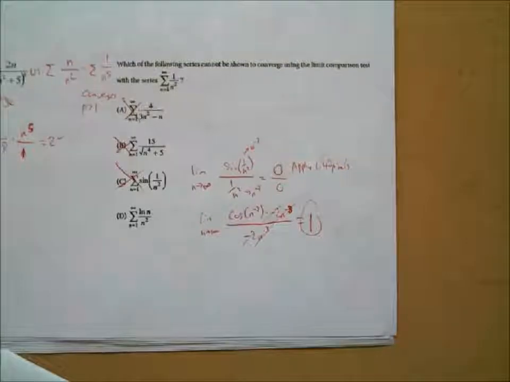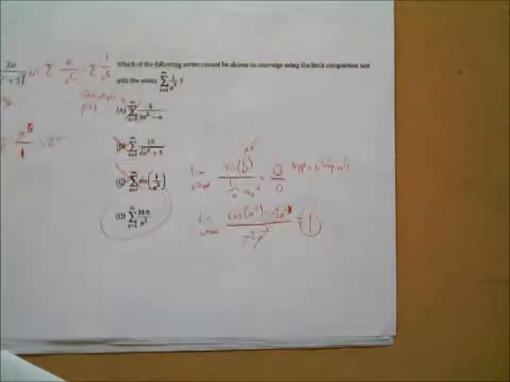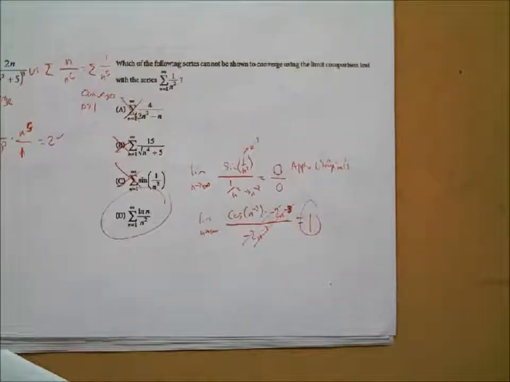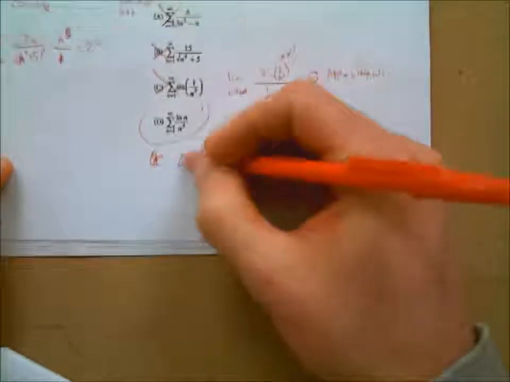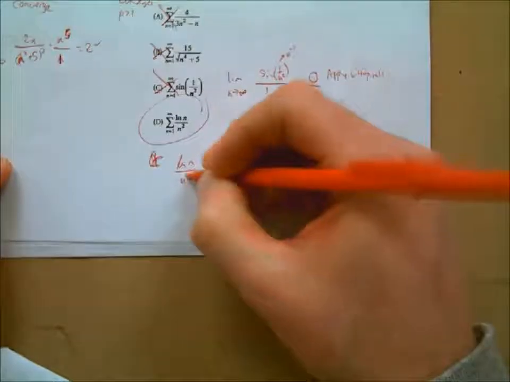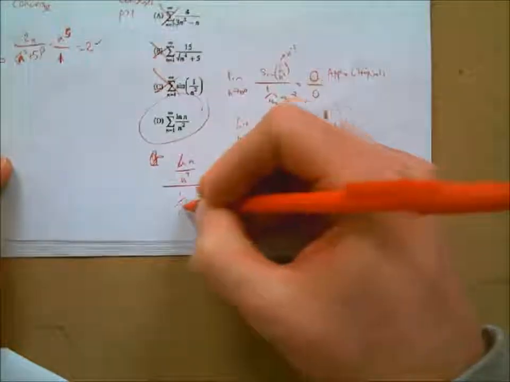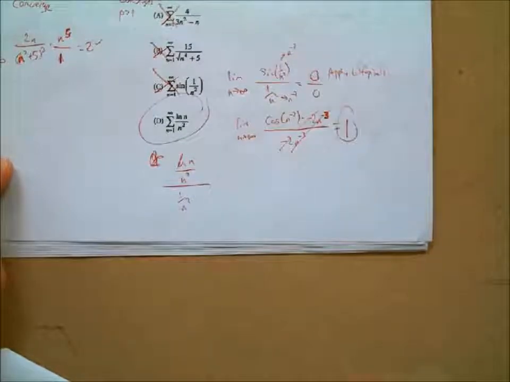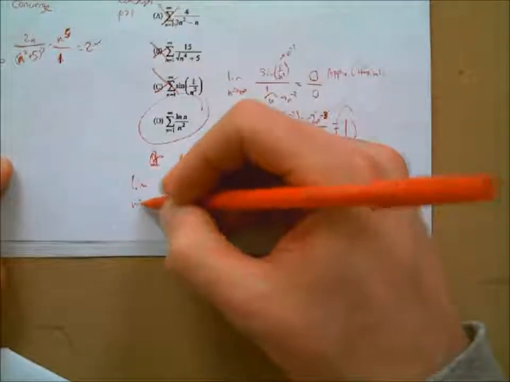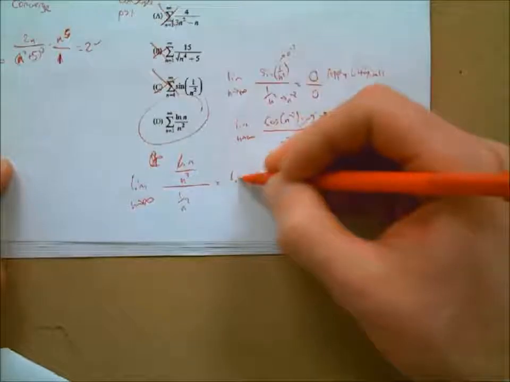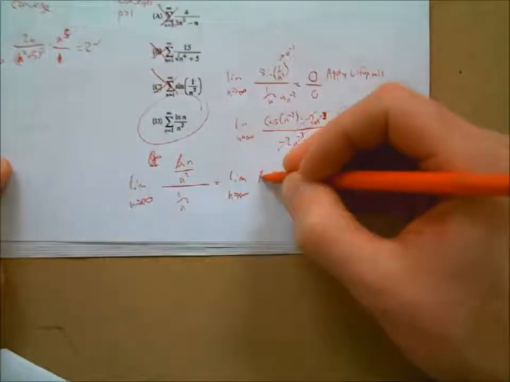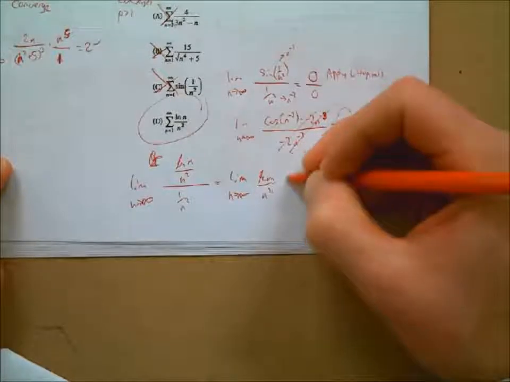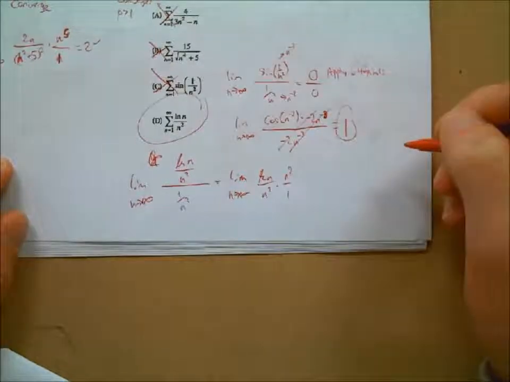We want something that's not going to work, and that's this one right here. Here's the issue with this. If you take ln n over n squared and compare that to 1 over n squared and take the limit as n approaches infinity, instead of dividing by 1 over n squared, let's multiply by the reciprocal: ln n over n squared times n squared over 1.